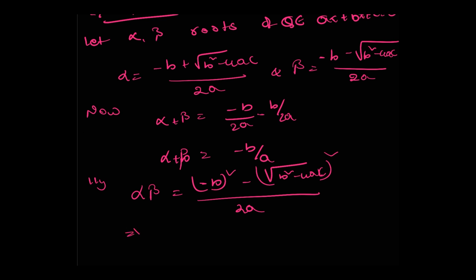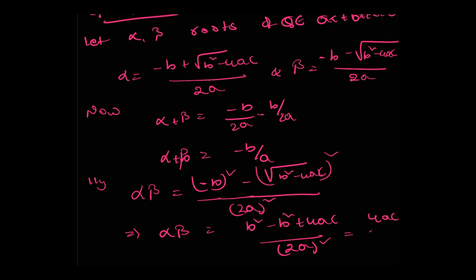That implies alpha beta equals to b square minus b square plus 4ac by 4a square.